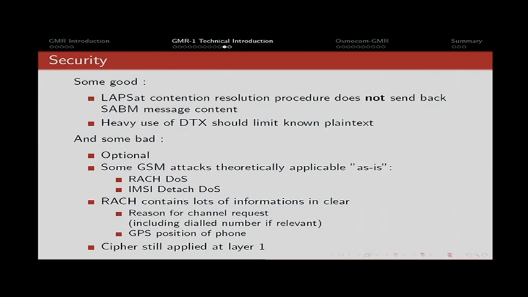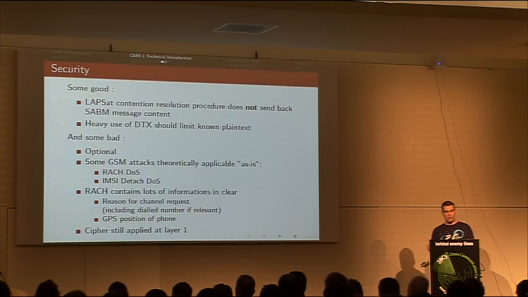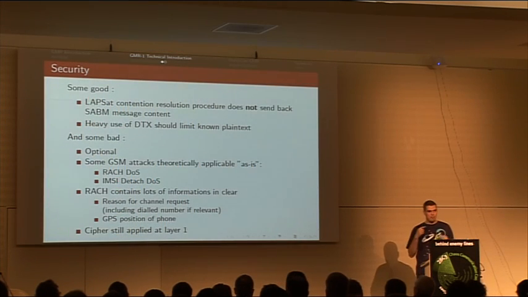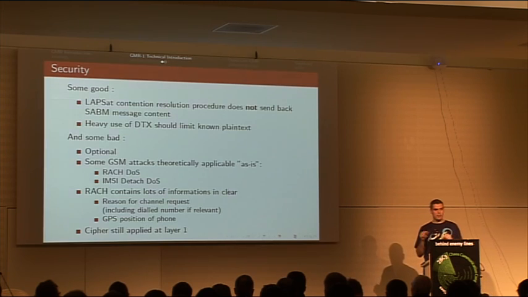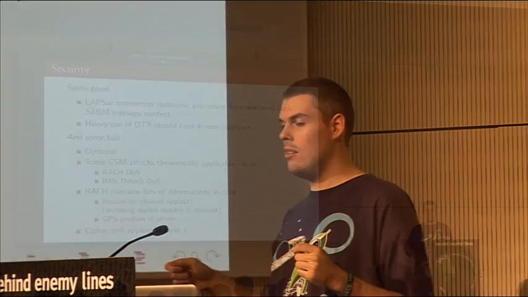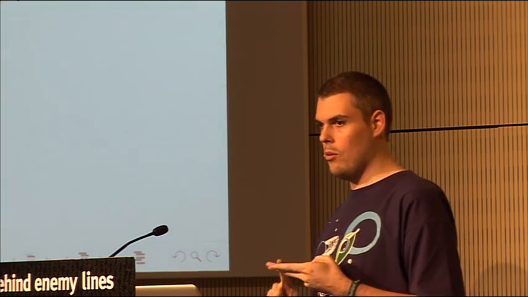In GSM, something that's very useful for an attacker is that the first message sent by the phone to the network has two interesting properties. The first one is that it will always contain some form of unique identifier for the subscriber, either its IMSI or its TMSI. So that allows you to identify the channel.